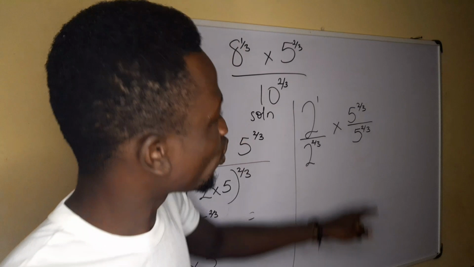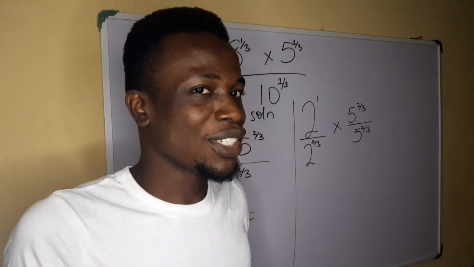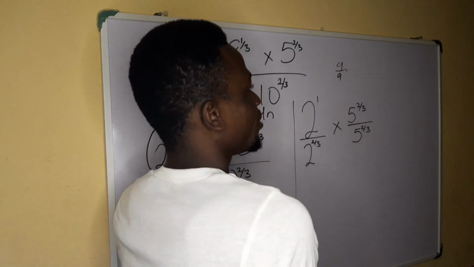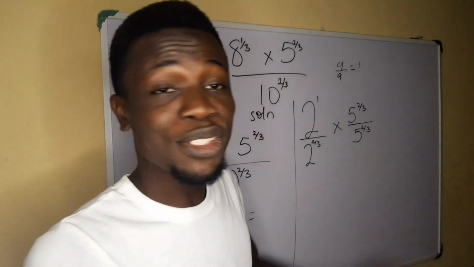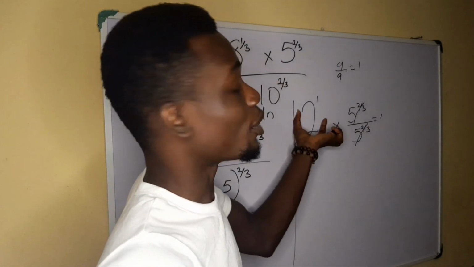Now you already know that since both of them are the same thing, if you have a over a and you divide it, it's going to give you 1. So the same thing applies here. So this is already 1.